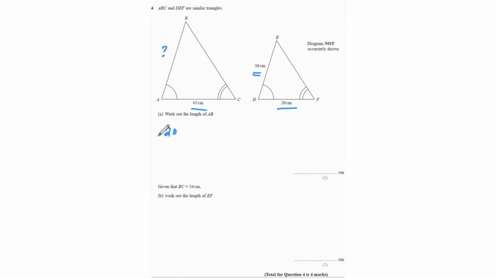So 20 over 45 equals 36 over AB. So AB is going to be 36 times 45 divided by 20, which is 81 centimeters.